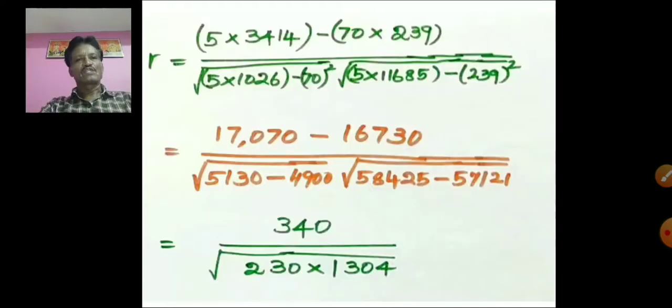Okay, after substituting the value, now we have to do the calculations. So 5 multiplied with 3414 is equal to 17,070.